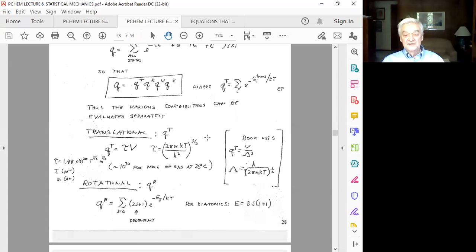Okay, so the translational level calculation should be very straightforward for you. You use this formula right here, which will be on the cover page of your exam. You just have to put in the mass in atomic units. So if you were doing carbon dioxide, you would put in 44 for the molecular weight of carbon dioxide, for example. And then temperature to the 3/2. Some students in the past have gotten confused on the calculators, taking things to the 3/2 power.